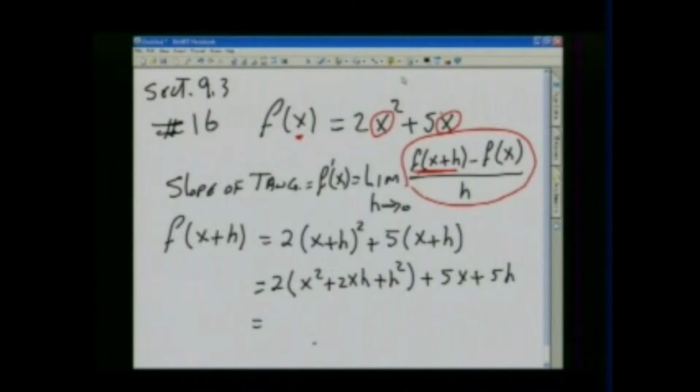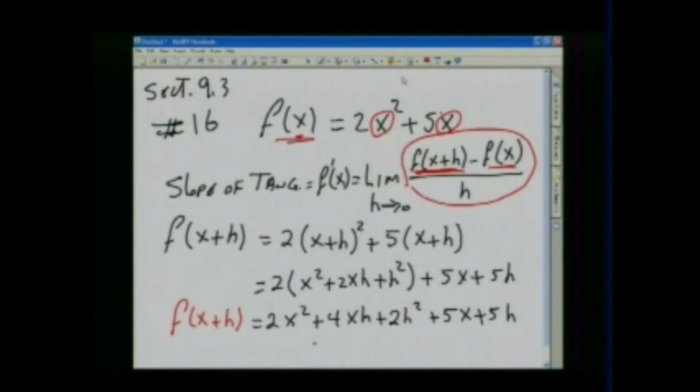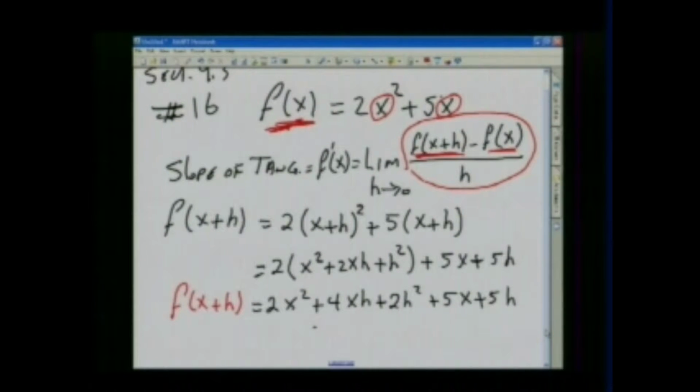Then multiply: 2x squared plus 4xh plus 2h squared plus 5x plus 5h. This is your f of x plus h, which would go and replace this one in the evaluation. And it says minus f of x here. F of x is the function as it is. So I'm ready to plug values into this quotient up here.